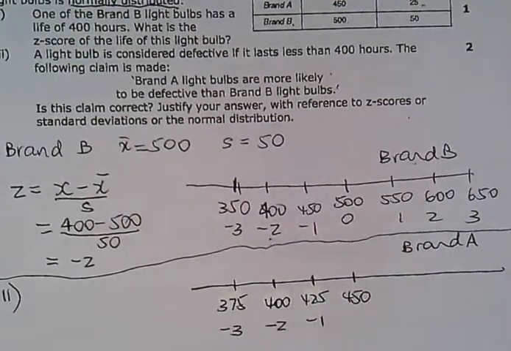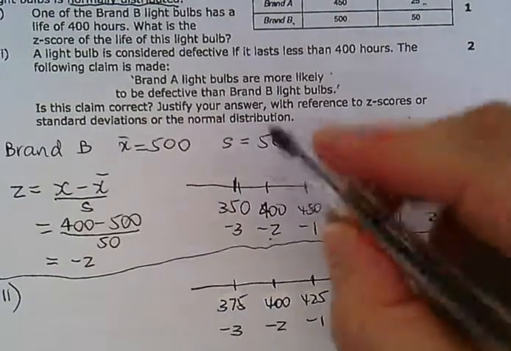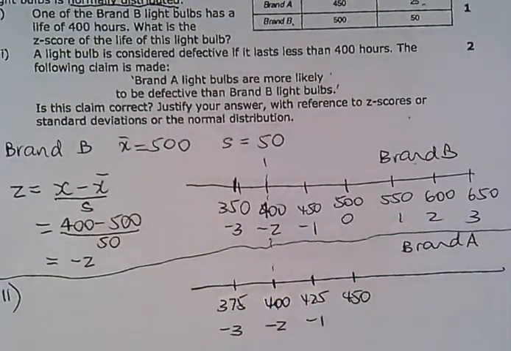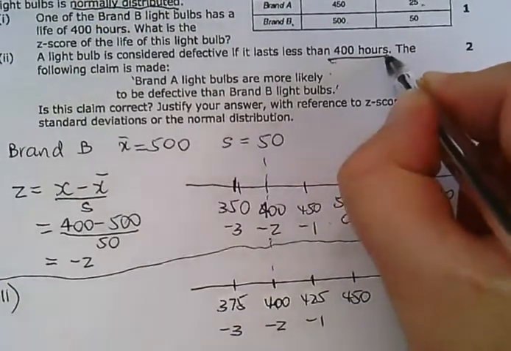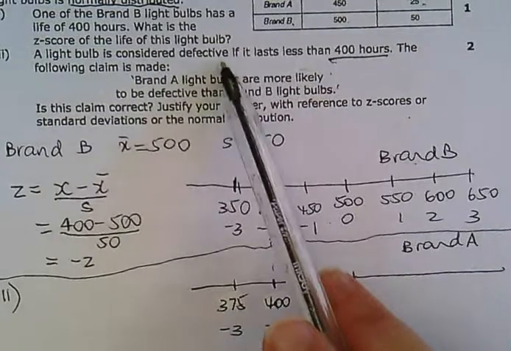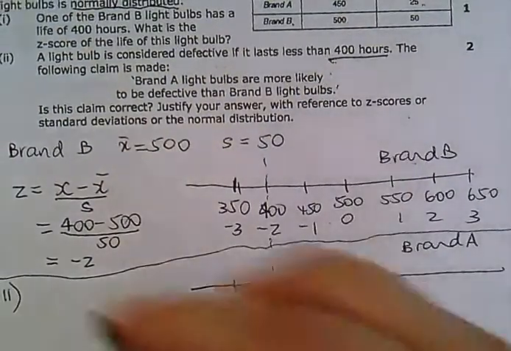You can already see that Z-score -2 for both brands is the same. It's 400 hours. Can you see that just by looking at the graphs? The other thing I could have done was work out the Z-score for brand A at 400 as well. So 400 is the magic figure because the statement says a light bulb is considered defective if it lasts less than 400 hours.